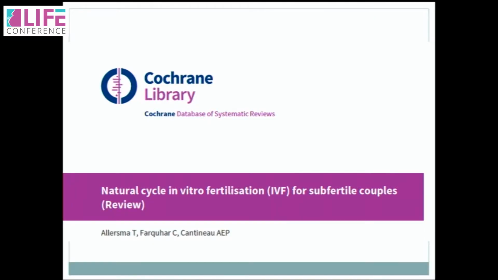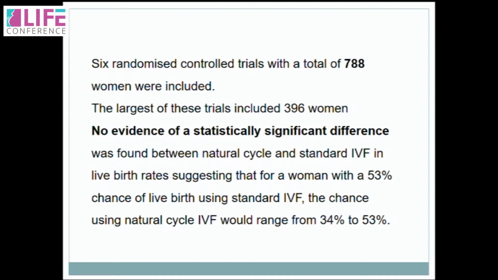There was a Cochrane study published three years ago looking at natural cycle in IVF for subfertile patients. Their conclusion, looking at almost 800 women, was that there was no evidence of a statistically significant difference, meaning that it wasn't better, but it wasn't lower than giving all these injections to the woman.